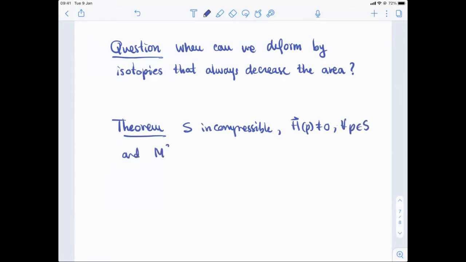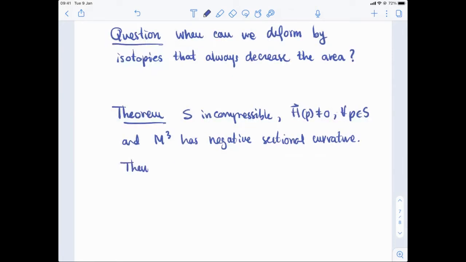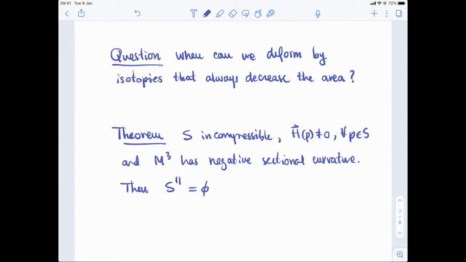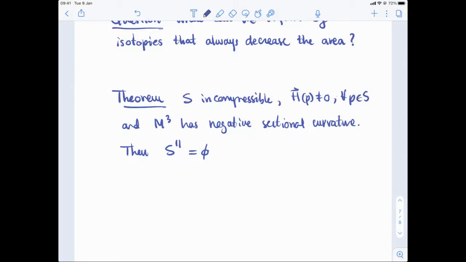And M³ has negative sectional curvature, so for example, a hyperbolic manifold. So then, in this case, S'' is empty. Okay, because there cannot be minimal spheres or RP² in a negatively curved manifold by Gauss-Bonnet and the Gauss equation.